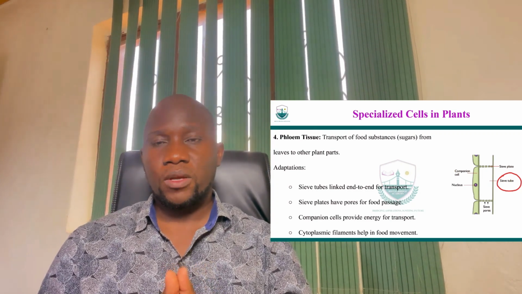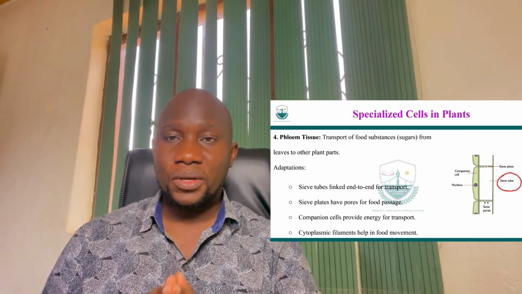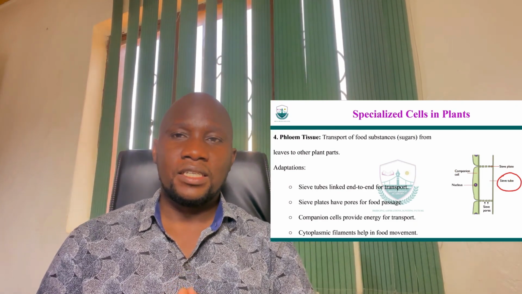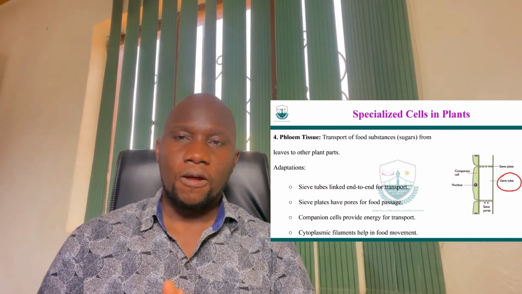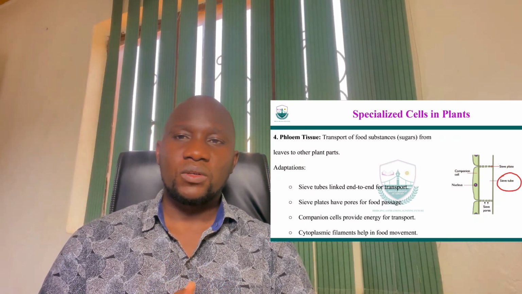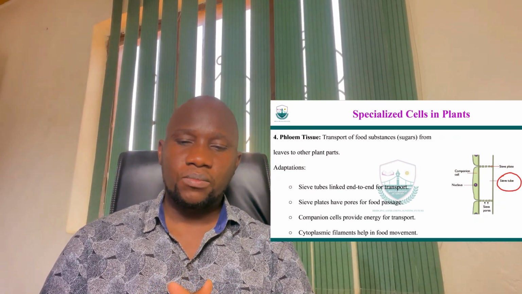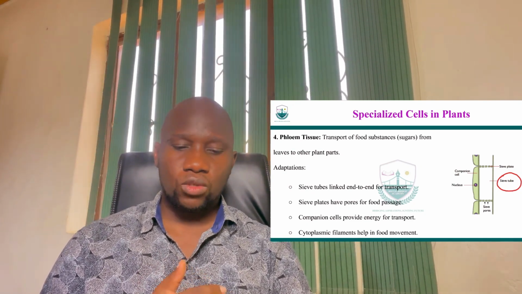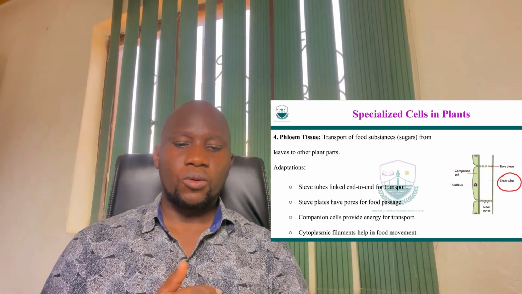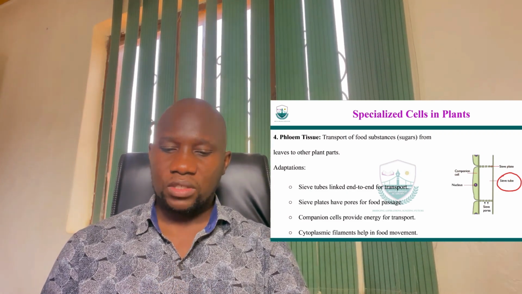The process of transporting this food requires energy, and this phloem tissue has what we call companion cells. These companion cells provide the energy that is required for this transport. There are also cytoplasmic filaments that are very important in this transport.